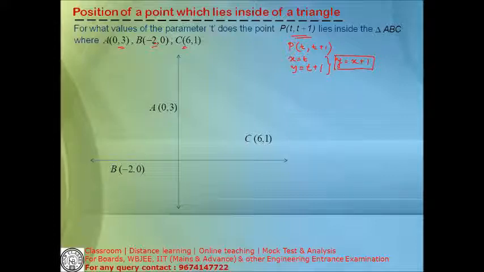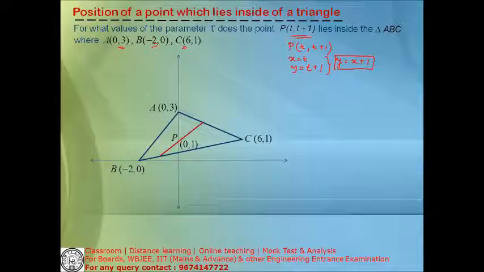We are going to get the triangle ABC. Now you see y equals x plus 1 is basically a straight line which is intersecting the y-axis at the point (0, 1). So let me draw the straight line.